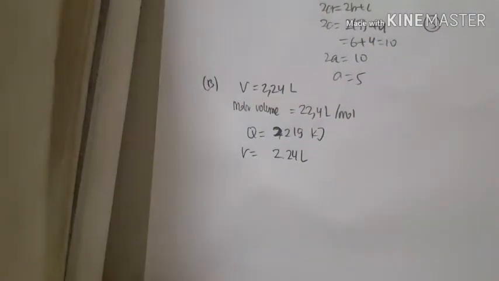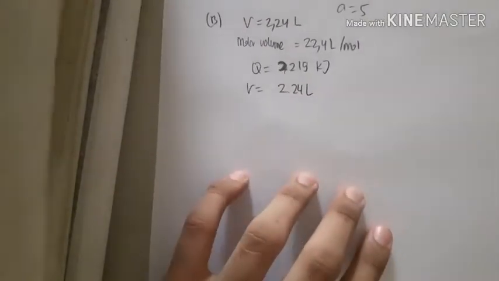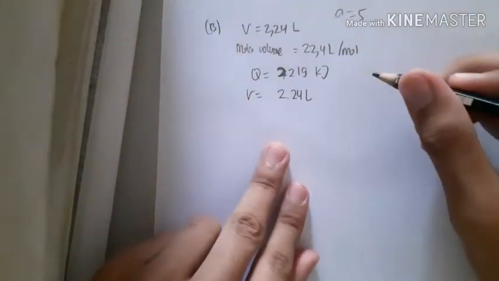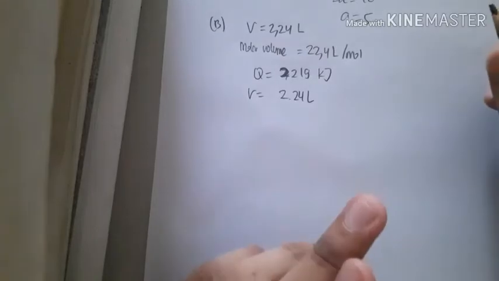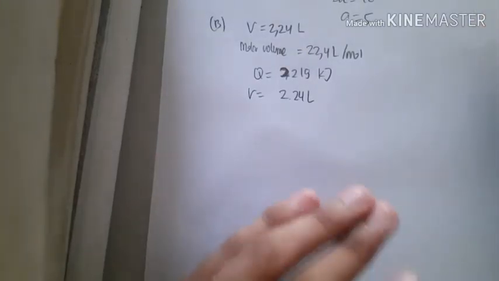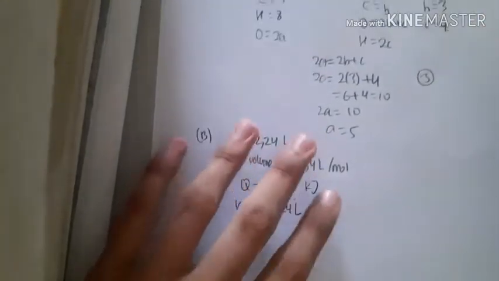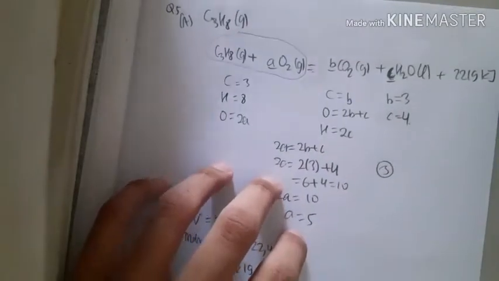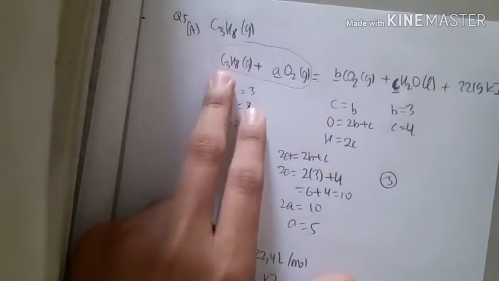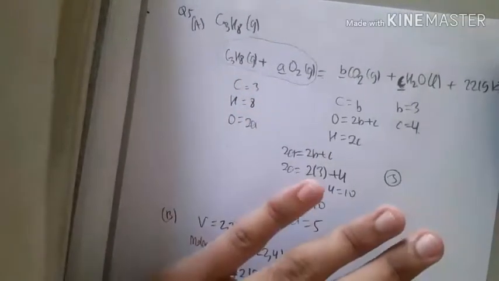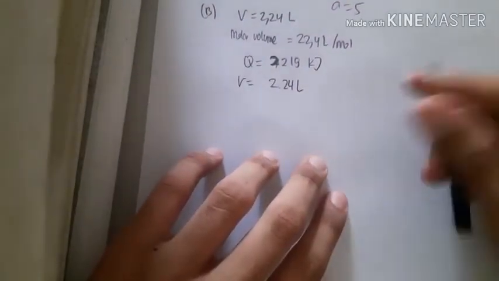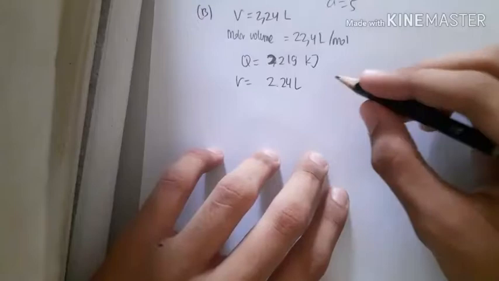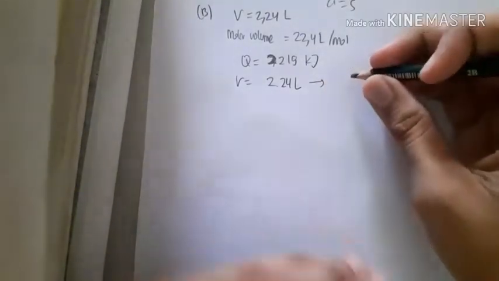We only calculate the quantity of heat to combust the propane that has the volume of 2.24 liter. At QA it says that 1 mole of propane to be perfectly combusted needs 2219 kilojoule. Therefore, for only 2.24 liter, we must find the mole of the propane.